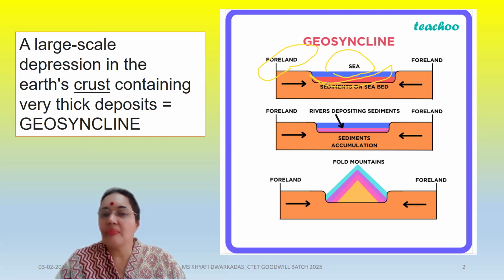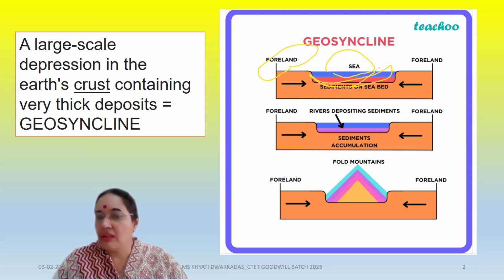So, in this depression, when you go to sea, this depression starts containing thick deposits. And that is a geosyncline. Now, all the sediments start depositing here. You can see these pink dots here.